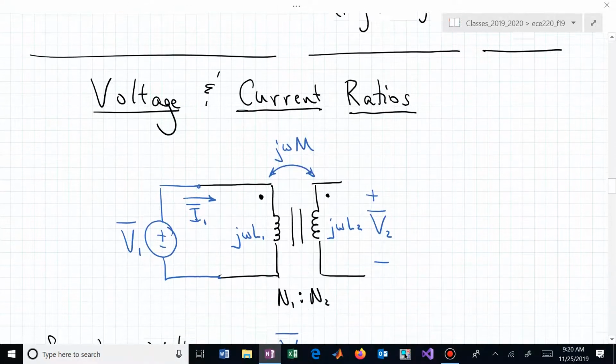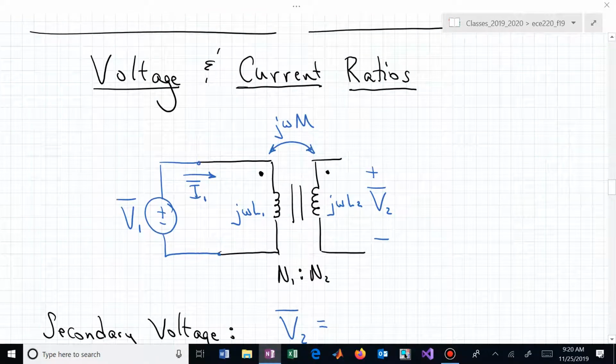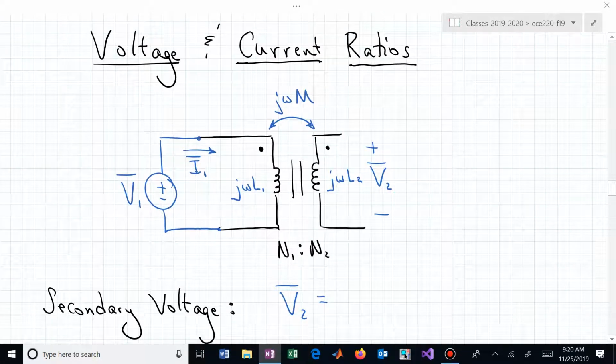So let's now get into some analysis dealing with ideal transformers, and in particular the voltage ratio and the current ratio relating the primary and the secondary side of these transformers. First, let's look at the voltage. What is the secondary voltage in this particular setup?